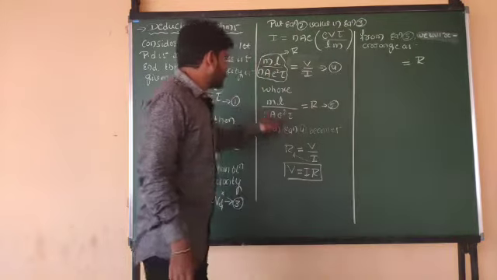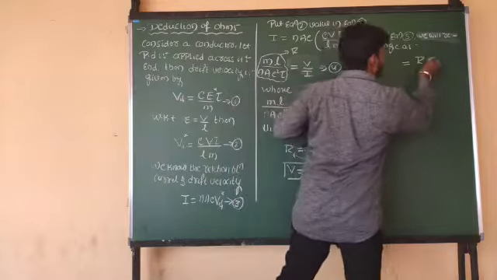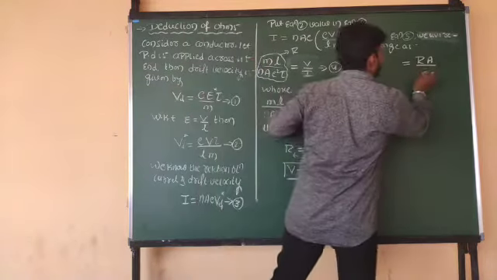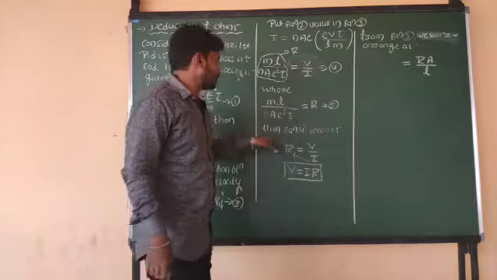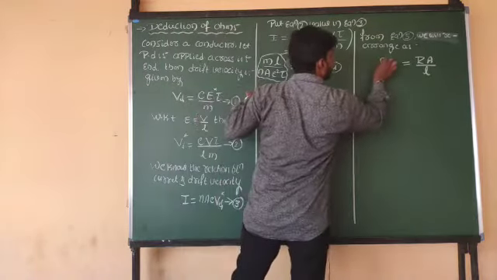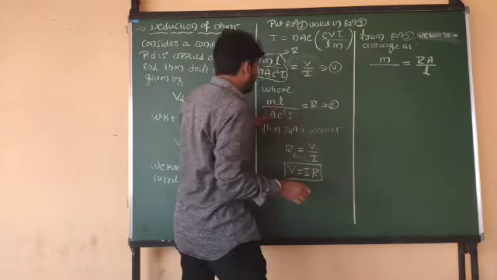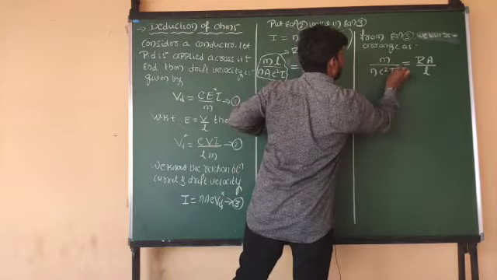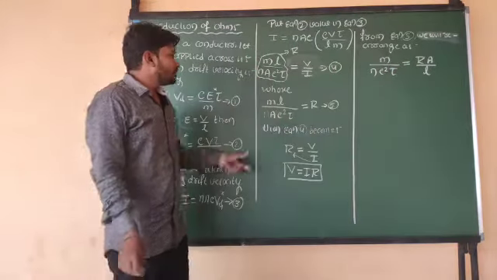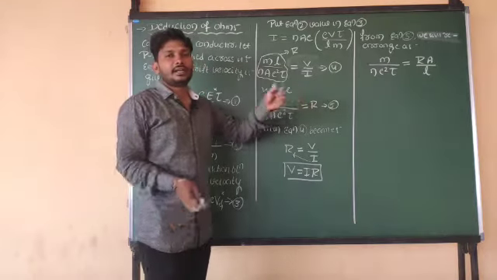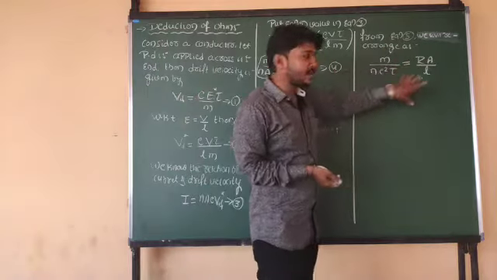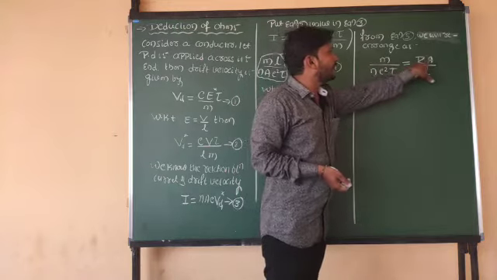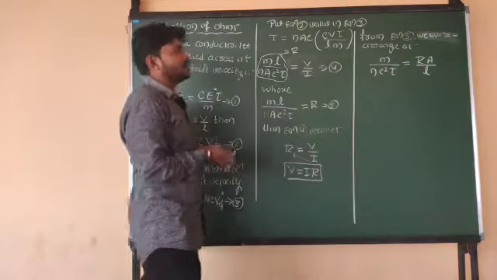R into A by L is equal to the remaining term, m divided by ne square τ. Did you get my point? So I am rearranging equation 5 as m divided by ne square τ, which is equal to R into A divided by L.